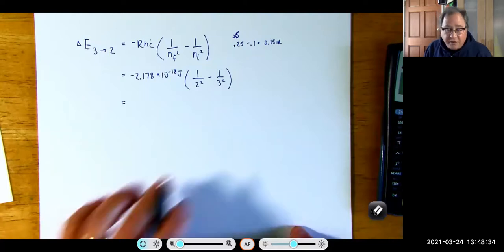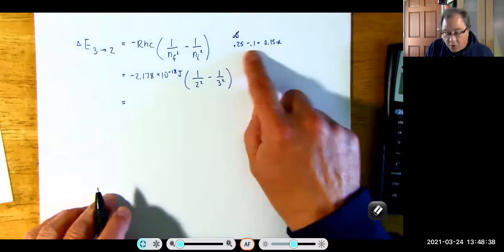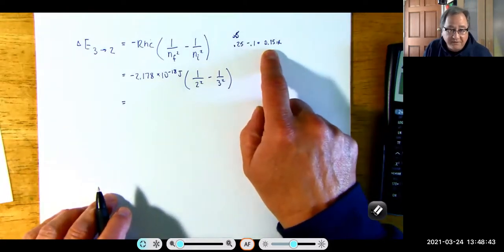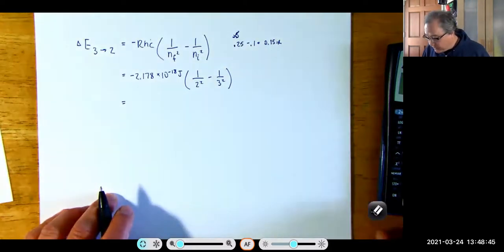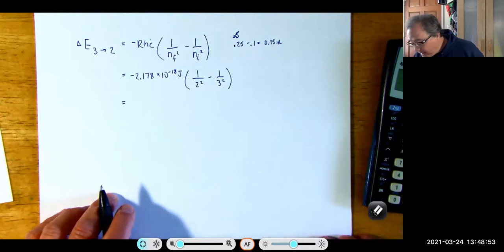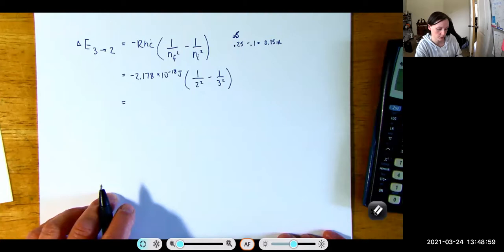And I know that 1 over 3 squared is not 1 over 10, so it's not 0.1. It's more than 0.1. So here I expect this to be a little smaller than 0.15. So let's see what we get for that. And I get 0.11. Is that what you get? I don't know, I'm slow.